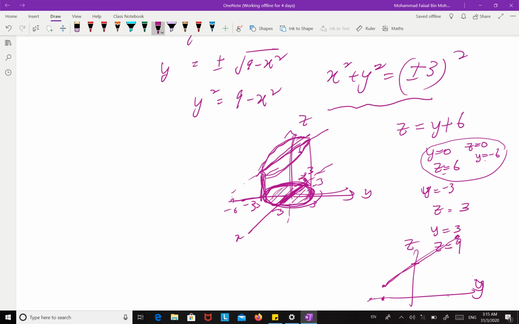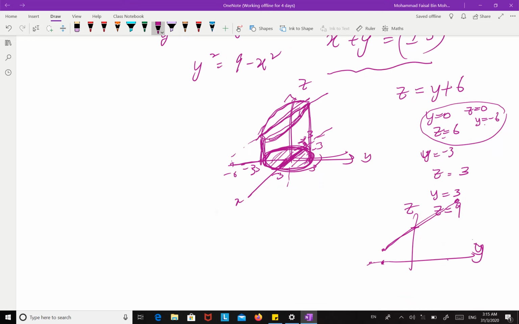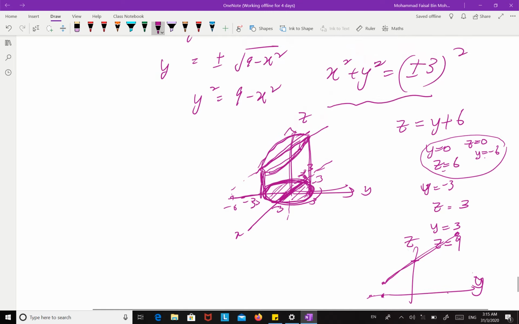A plane slices off a cylinder. Okay, projection of x squared plus y squared equals 9. This will be along the z axis. Okay, so it's a slice. Okay, done. They ask you to plot, they ask you to sketch, only sketch.